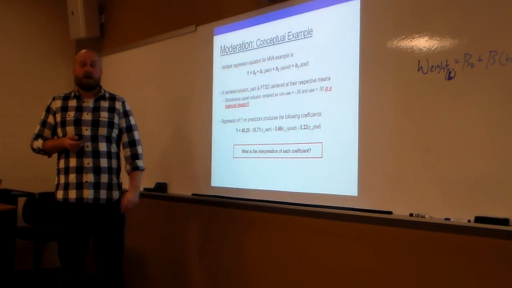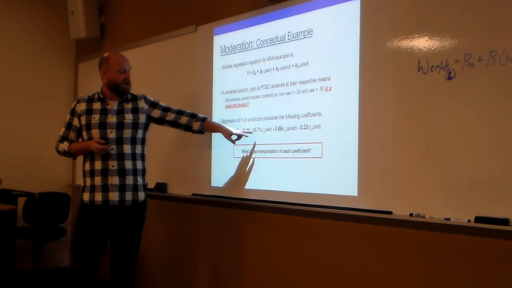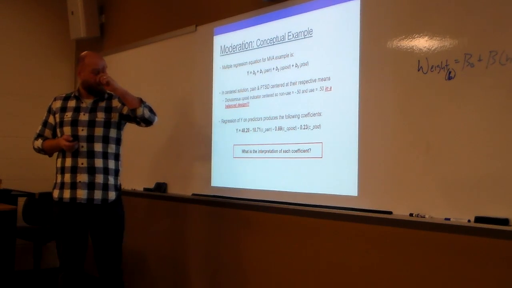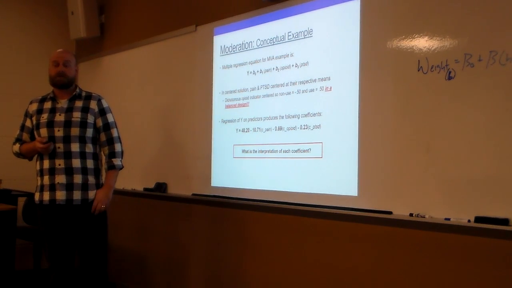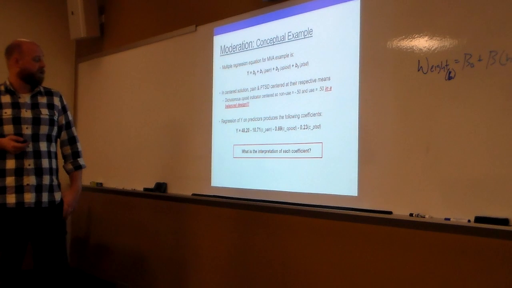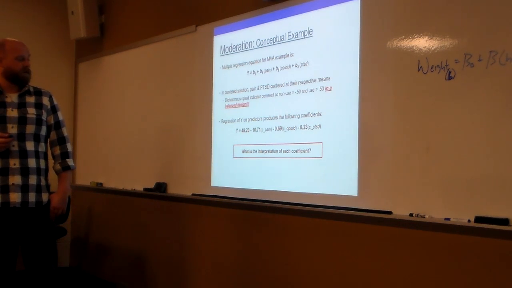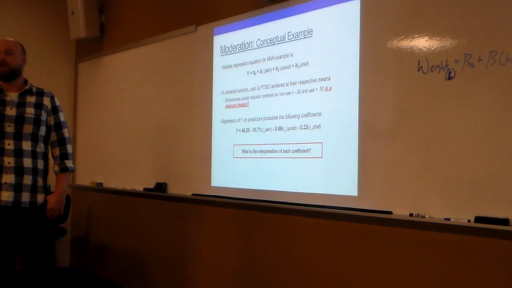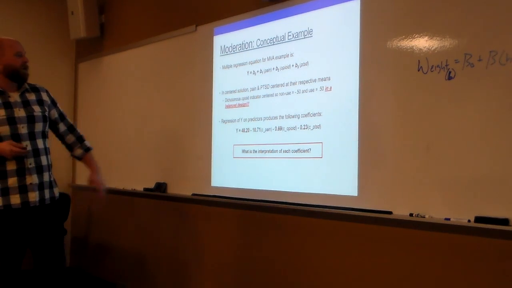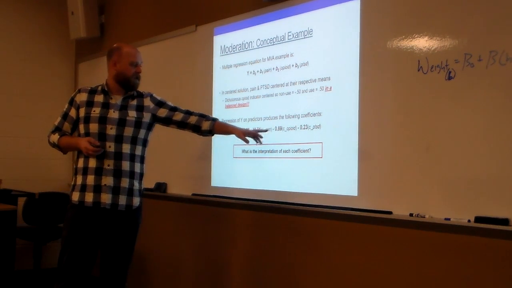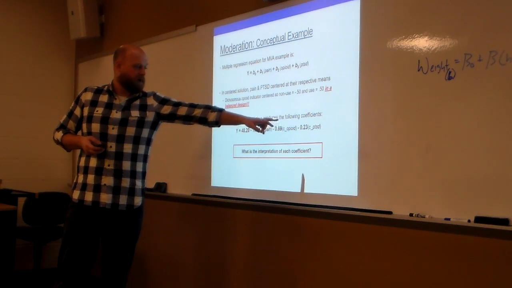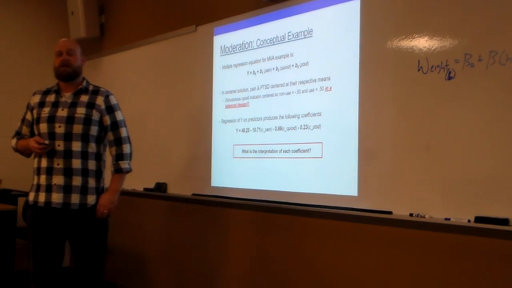Okay. Haley, give me an interpretation of my coefficient for centered pain here. For every 1 unit increase in pain, we expect to see a 10.71 unit decrease in role functioning, holding PTSD constant at its mean and controlling for opioid use. Perfect. Right. Kate, help me out with my coefficient for PTSD.